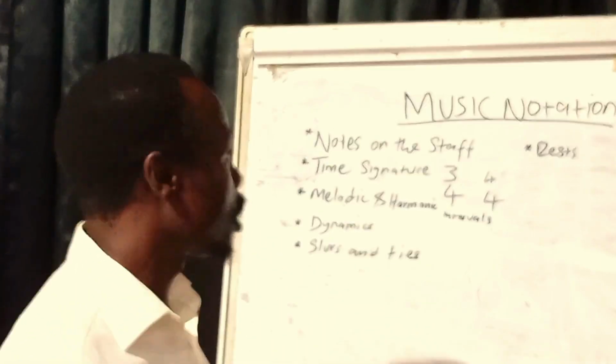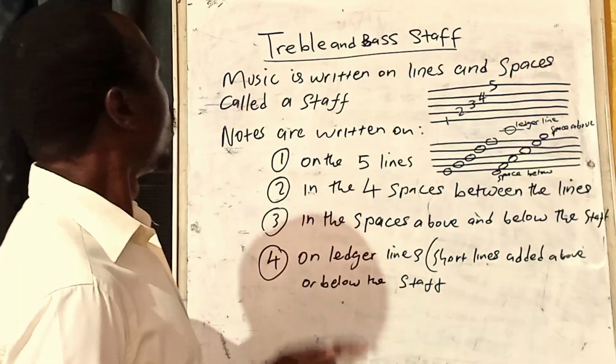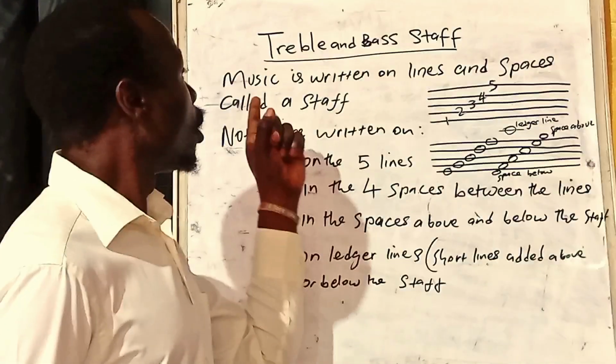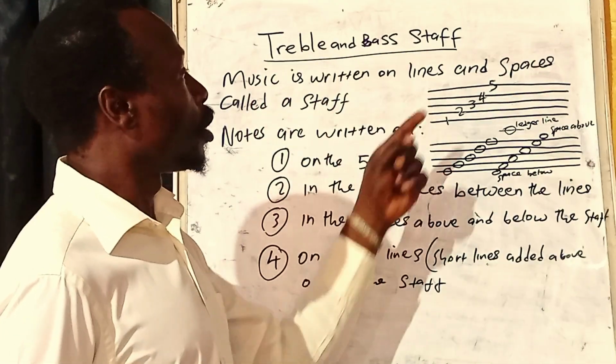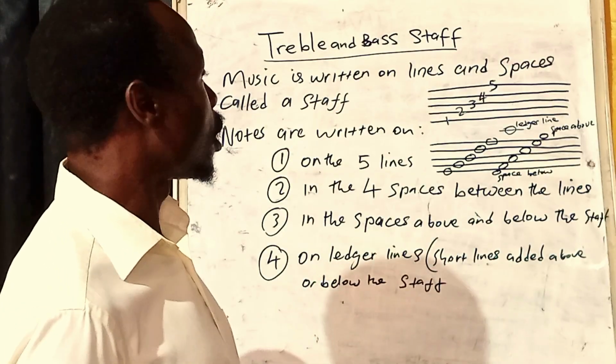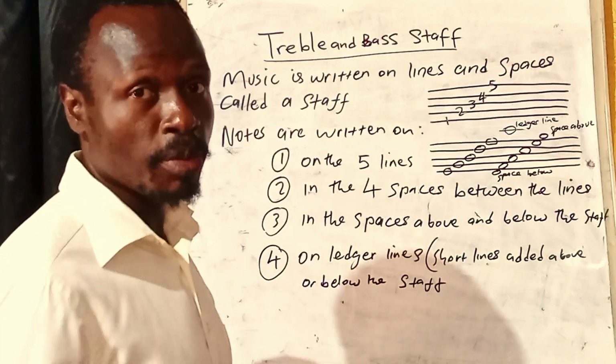So I think let's start with notes on the staff. Let's talk about the treble and the bass staff. Music is written on lines and spaces, and these lines and spaces are called the staff.